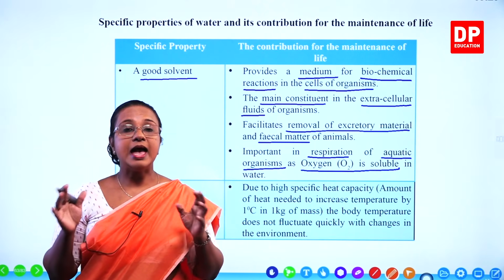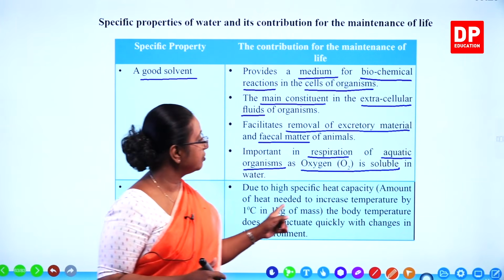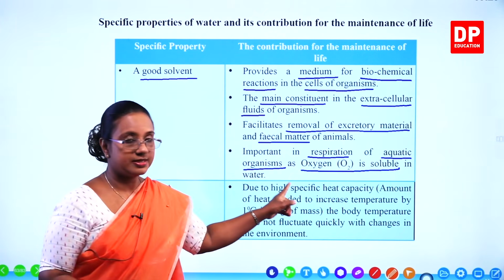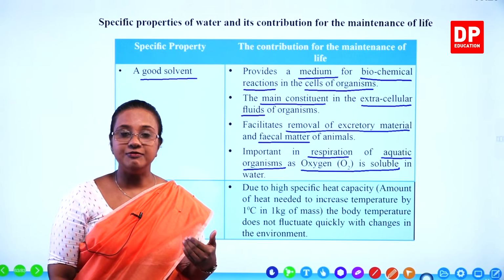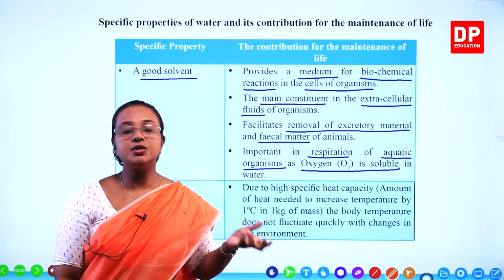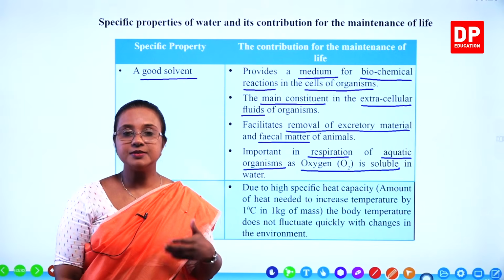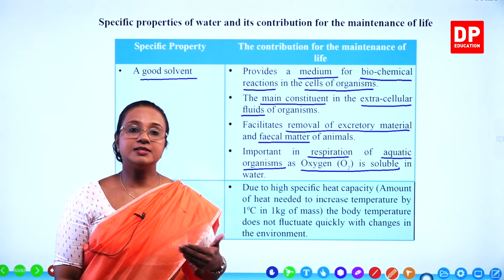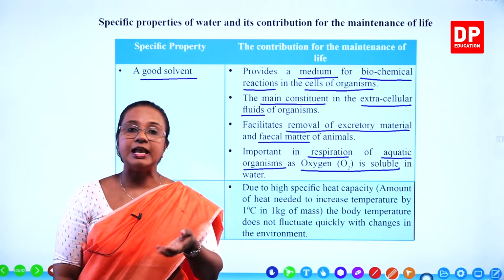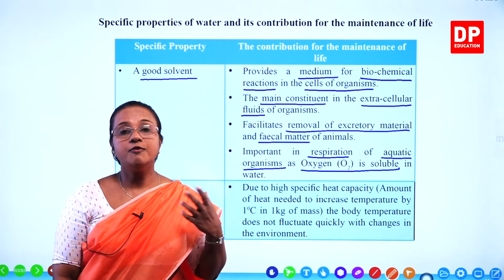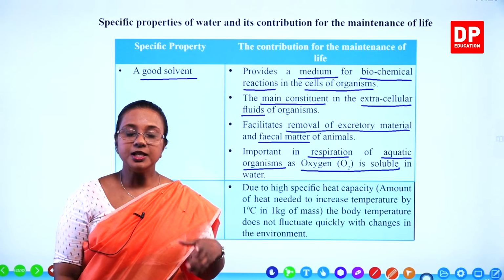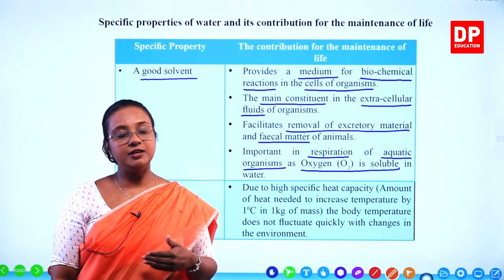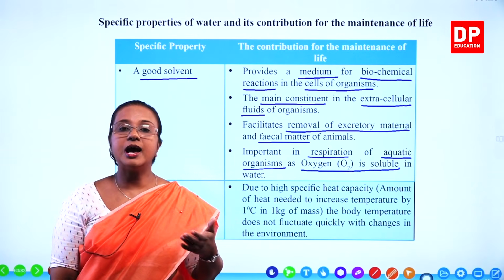But there are animals and plants which are known as aquatic organisms because they live in water. Aqua means water. Aquatic organisms live in water. These organisms need to breathe in oxygen from water. For example, fishes living in water breathe through their gills.